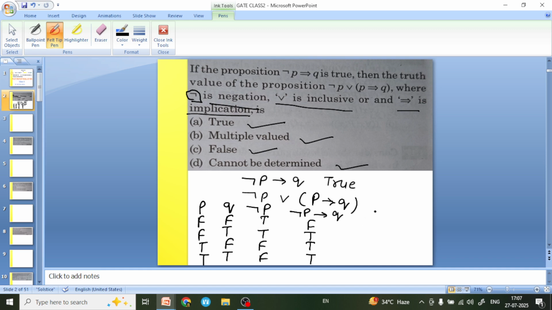Now take P implies Q only: false, false, true, false, true, true, true, false, false, true, true, true. Now take not P or P implies Q: true, true, true, true, true, false, false, false, and false, true, true.